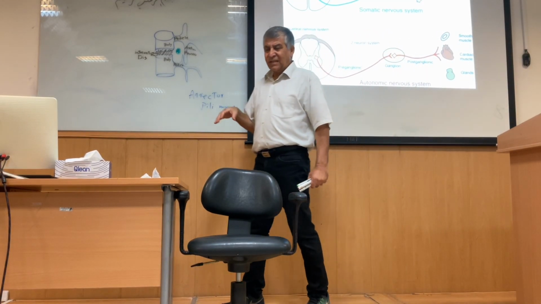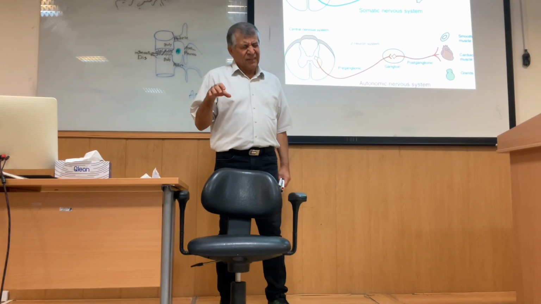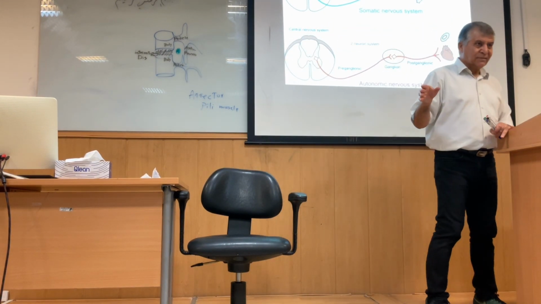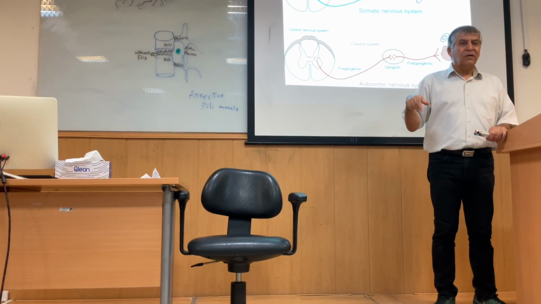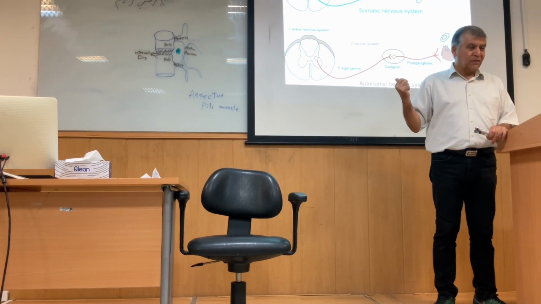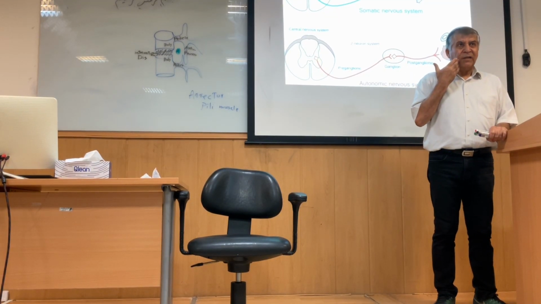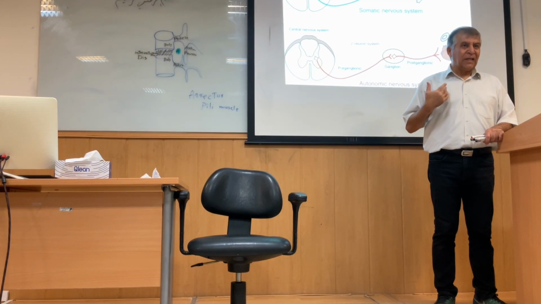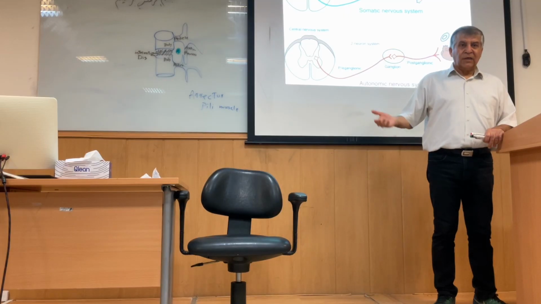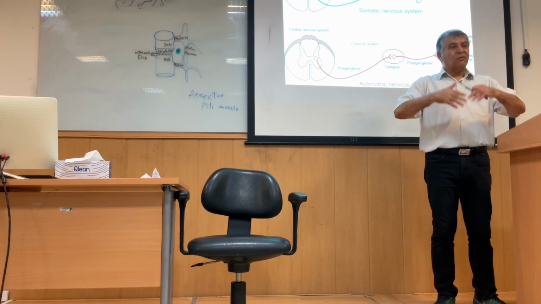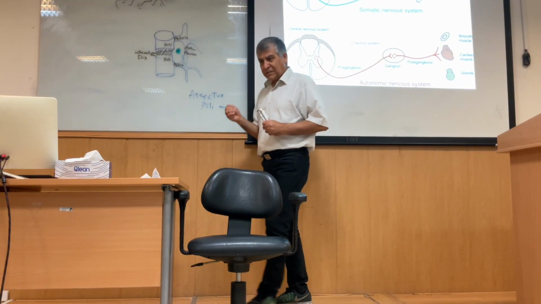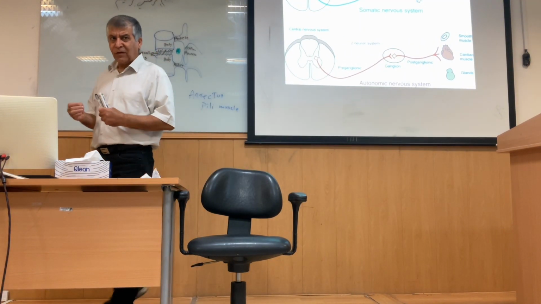Stimulates secretion of all exocrine glands, except sweat gland: salivary gland, lacrimal gland, mucous gland, serous gland, into the lung, into the heart. Okay, all glands are stimulated by parasympathetic, except sweat gland.